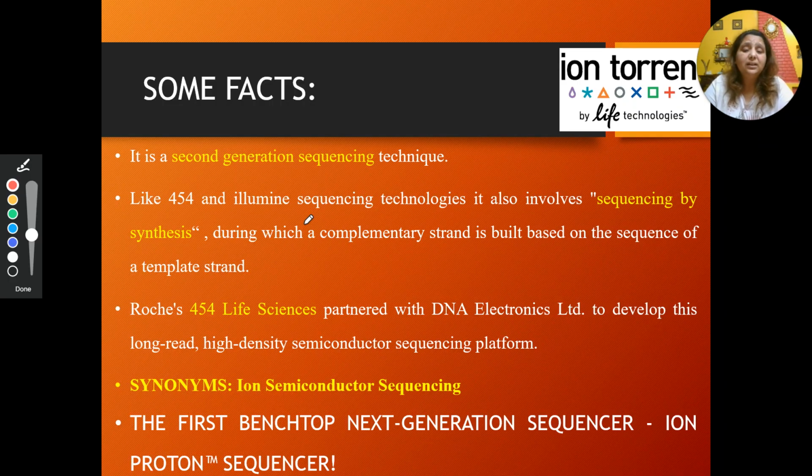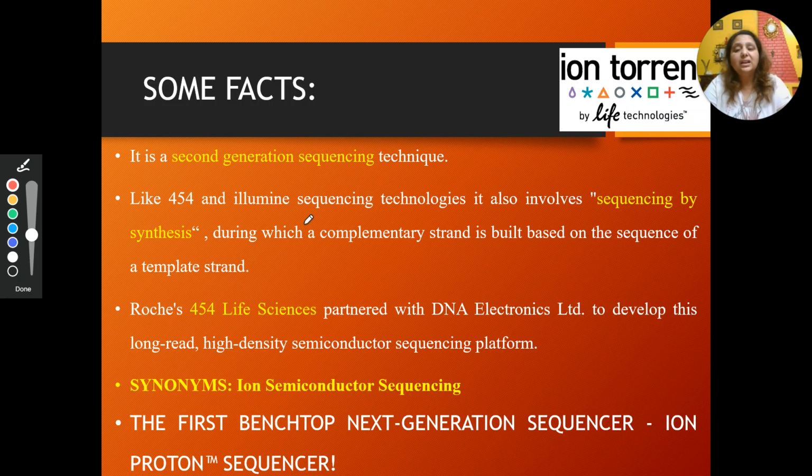What we had seen in nanopore sequencing was that there synthesis does not take place. The molecules or the nucleotides move through the nanopore, and the second strand synthesis does not take place.